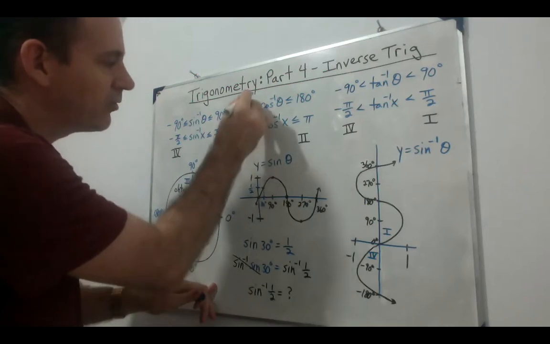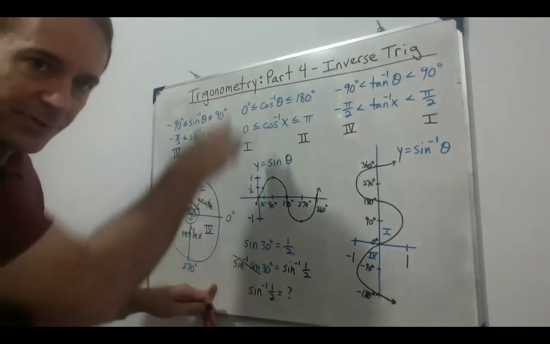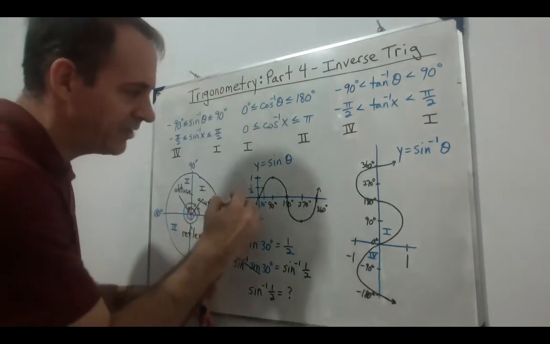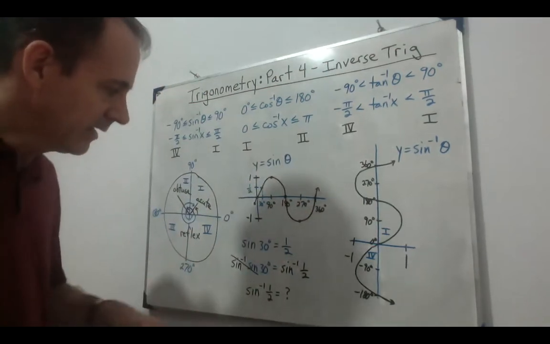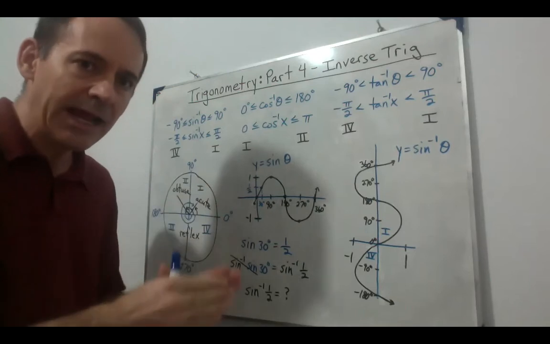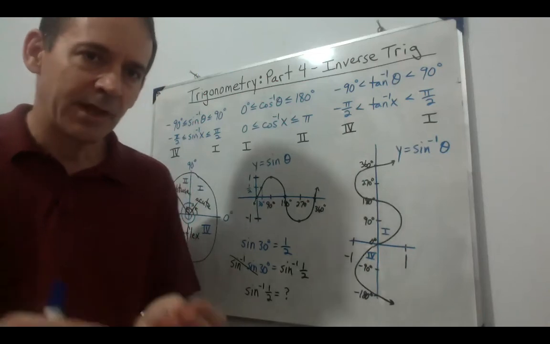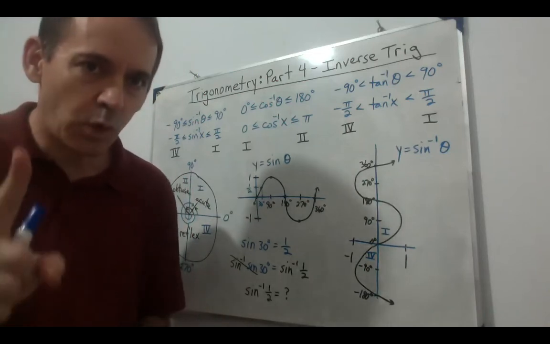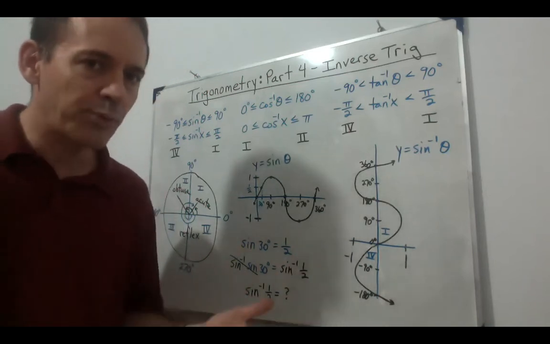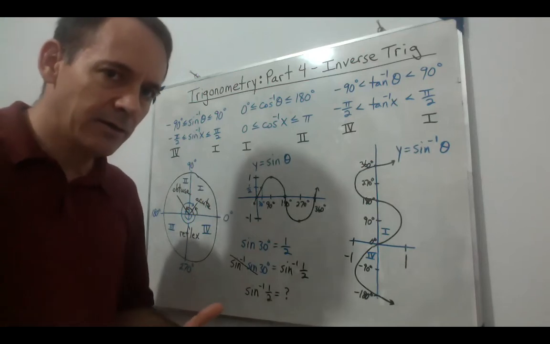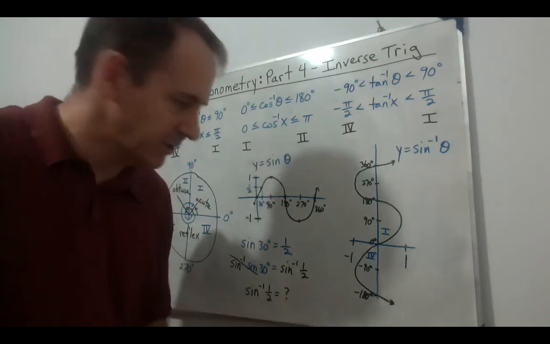So wherever I go on this 30-degree vertical line, I only intersect the graph in one place, meaning sine of 30 degrees only has one solution. So when you take the basic trig function of an angle, it has one and only one solution. So there's no problem with our original three trigonometric functions.